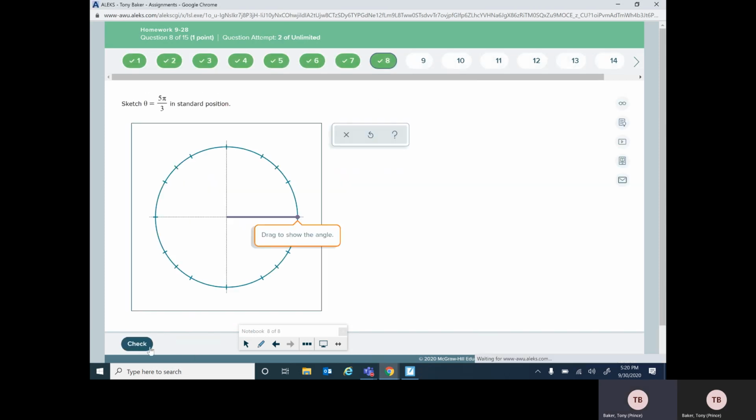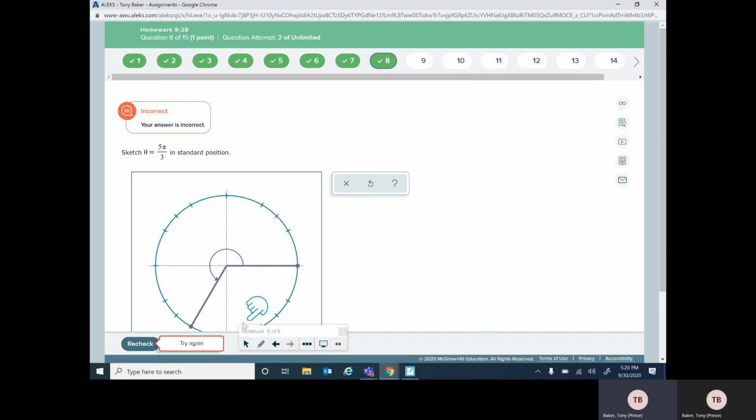I'll show you one more of those. So now this one's 5 pi over 3. I know it's bigger than 1, so I know it's going to be over here. Now the question is, is it closer to 3/2 or to 1?